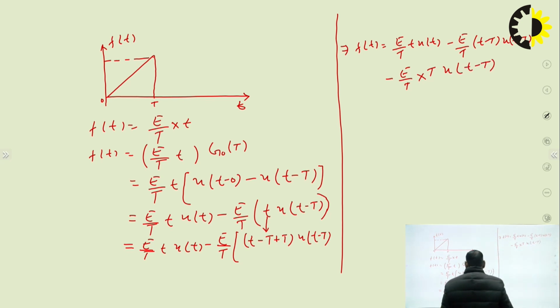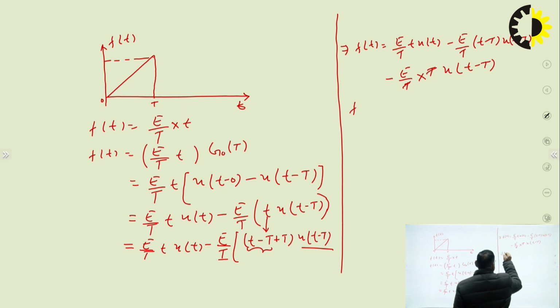We can write. So first I have taken this one and this, and the next term is (E/T) into T u(t minus T). So if we take the Laplace transform of this, this T is cancelled out.